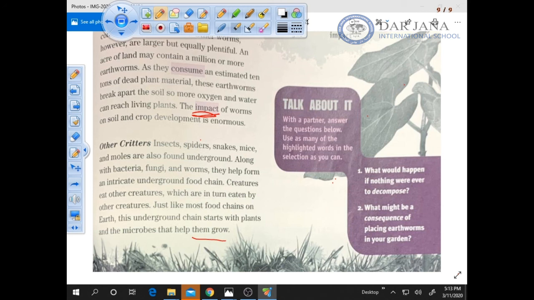So it's a recycling process ongoing. Each organism is benefiting from another. Nothing is wasted. There's always good and bad to everything. Just like most food chains on Earth, this underground chain starts with plants and the microbes that help them grow.